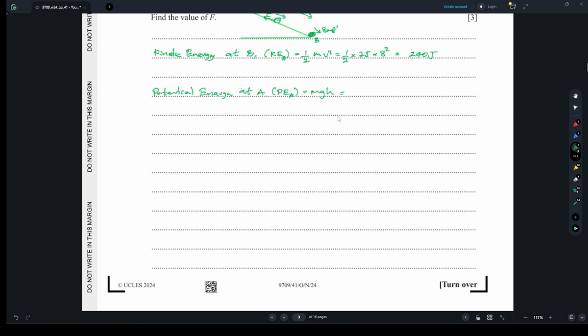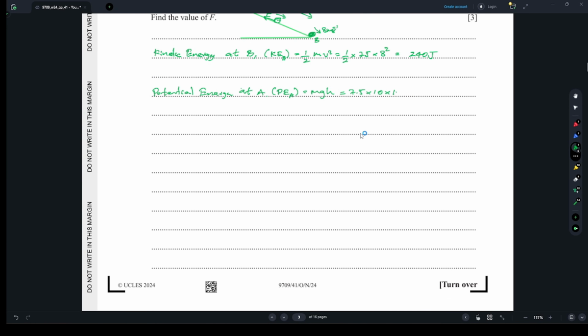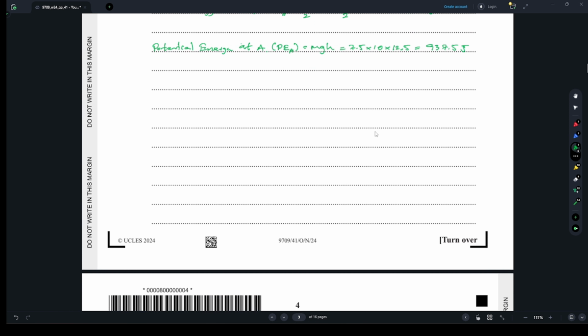So mgh equals 7.5 times 10 times the height, which was 12.5, right? So you can multiply it, and it will be 937.5. In this case you do not need to keep the answer to 3 significant figures, because this is not our final answer. And also we have to do some work against the friction.